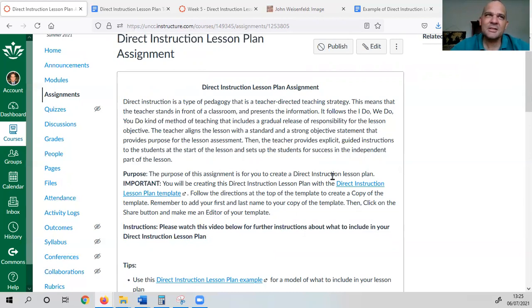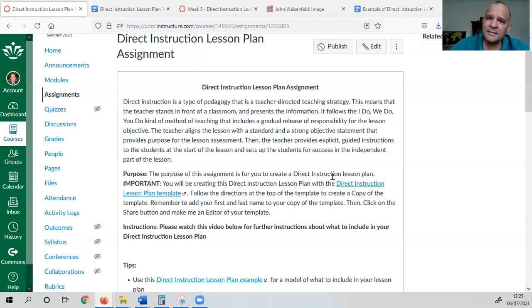It's a way of thinking about the teacher's role in the lesson. It follows an I do, we do, you do method for teaching, which includes a gradual release of responsibility.